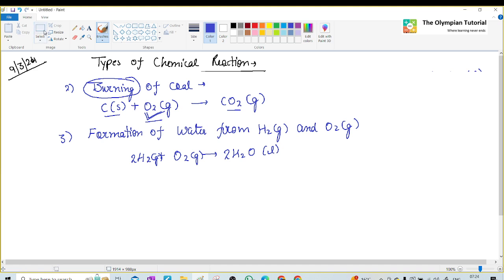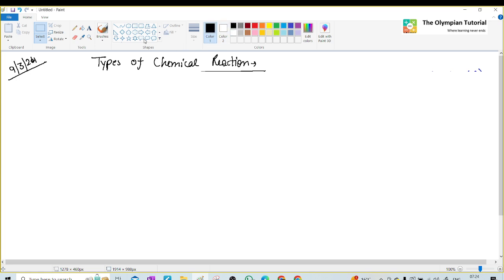It is another point, exothermic reaction. It is with combination reaction. Thanya, can you tell me what are exothermic reactions? Reactions in which heat is released or large amount of heat is evolved are known as exothermic reactions.